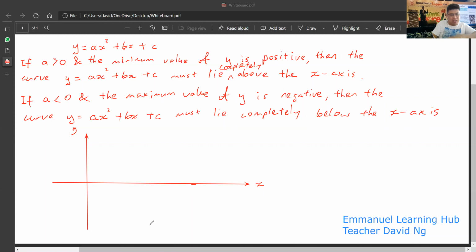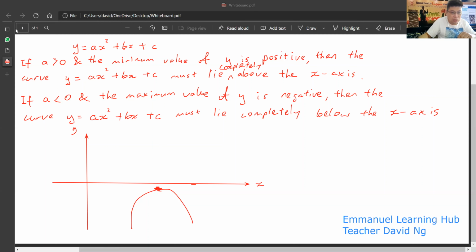When the maximum value of y is negative, it's going to be an N-shaped curve below the x-axis. The whole curve must lie below the x-axis. That's the reason.